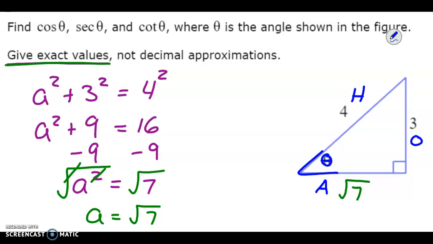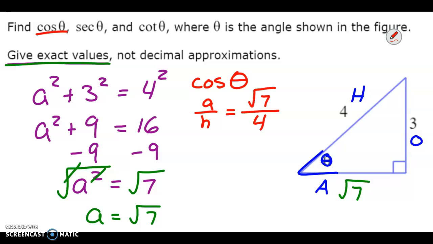Okay? And then you're just making sure that you're looking at the right function and how it's evaluated. For cosine of theta, we're talking about adjacent over hypotenuse, which is going to be root 7 over 4 in this case.